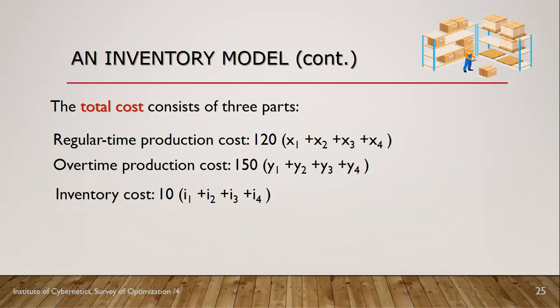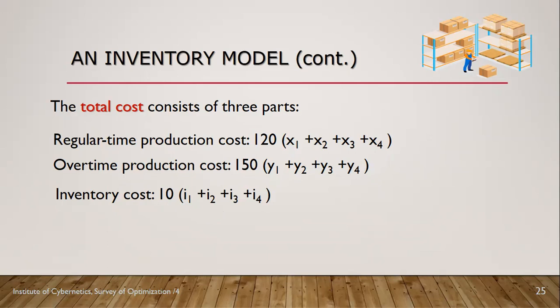Then overtime production cost, which is $150 per unit, times the total number of trampolines produced with overtime labor involvement. And the inventory level at the end of each period, recall that 10 stands for the holding cost.